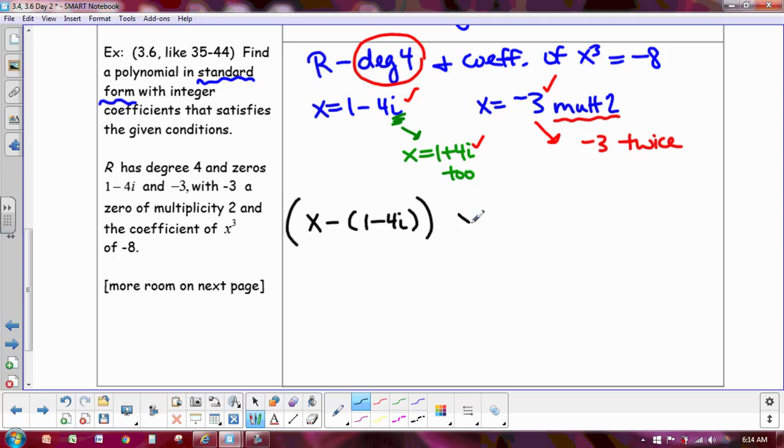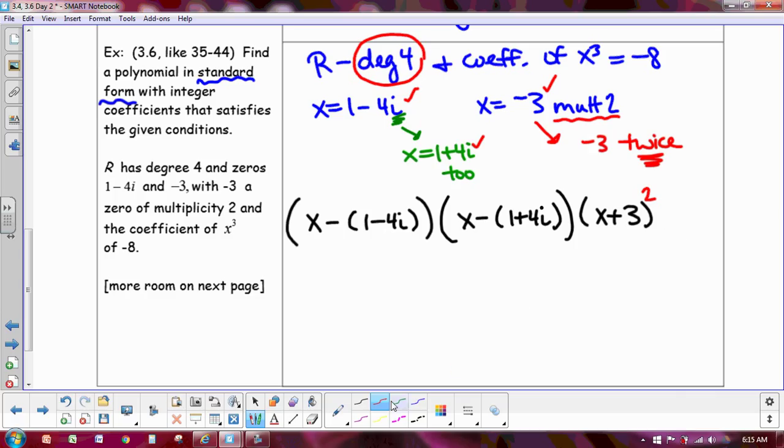Then if x equals 1 plus 4i is a 0, then x minus the quantity 1 plus 4i, big parentheses, that is a factor. Then the x equals negative 3, so that would be x plus 3. And I said it has to happen twice, so rather than writing it twice, I could just write it with the squared. Or you can write it out 2 times, doesn't make a difference. Okay?